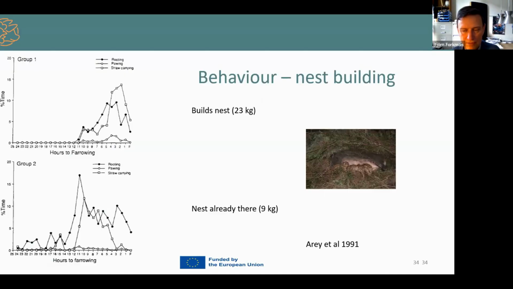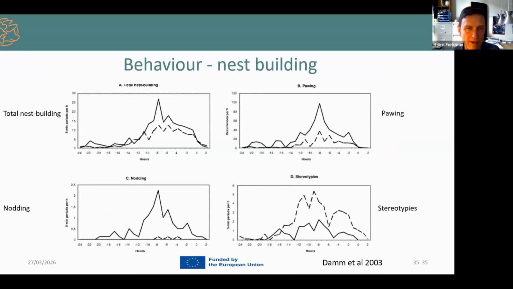I'll just skip over this one. And you can see the effect of giving nest building material and not giving nest building material. The dotted line is sows that have no nest building material, and the solid lines, the sows have nest building material.